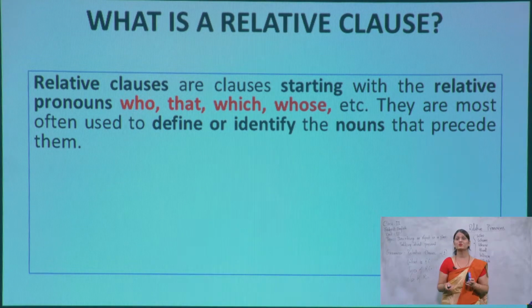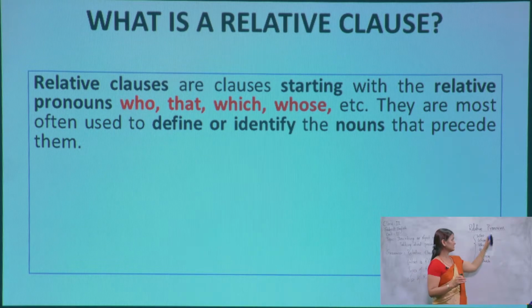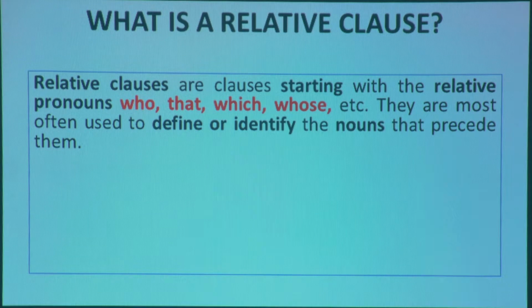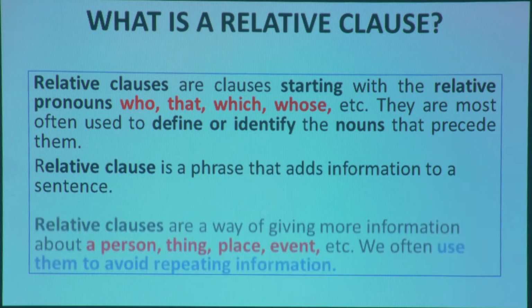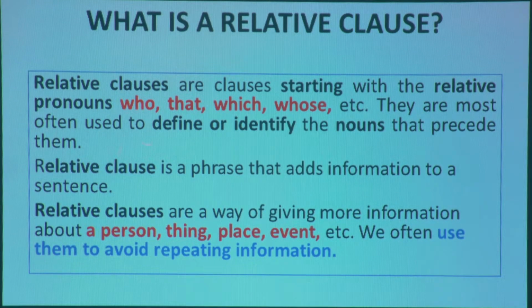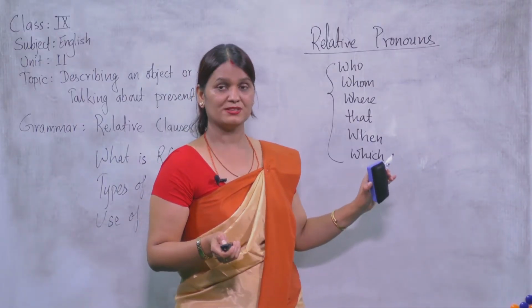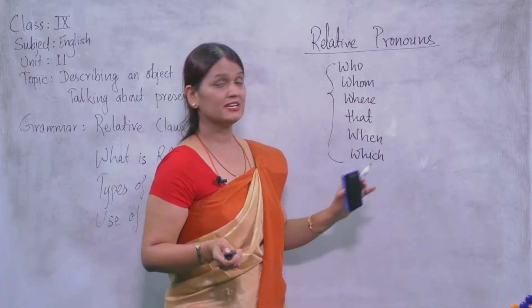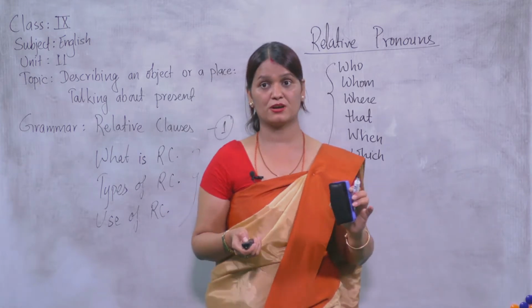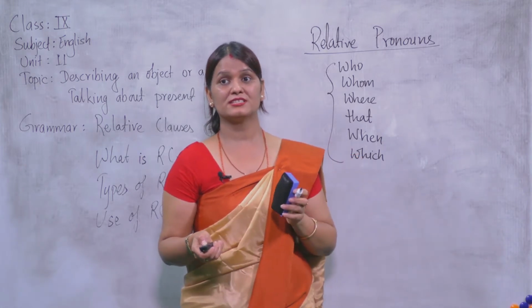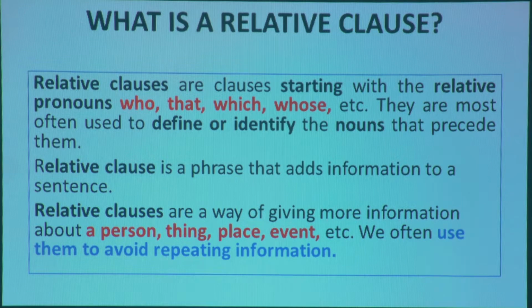Okay, to know about the noun in detail, we use this kind of relative pronoun and relative clauses. Just have a look here. Other definitions: a relative clause is a phrase that adds information to a sentence. Using these relative clauses, we can write extra information about the subject or about the noun. So relative clauses are a way of giving more information.